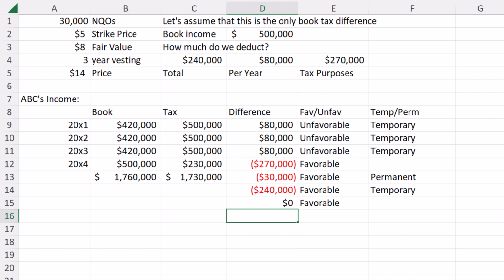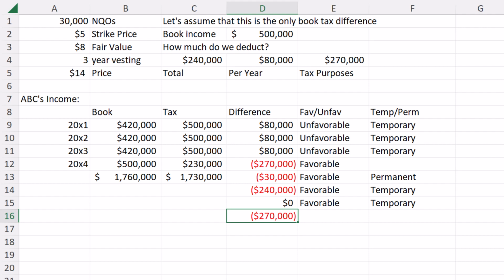And that is also temporary. So we have basically used up all of those temporary unfavorable differences with a temporary favorable difference. Now all the temporary differences are gone, as they should be, and what we're left with is a $240,000 permanent difference. We can also do just a little check here and make sure that we've accounted for all 270,000, and you can see that we have.